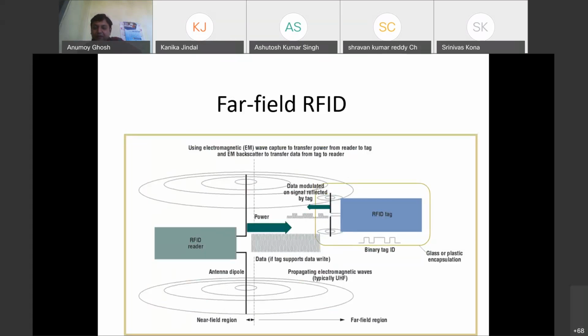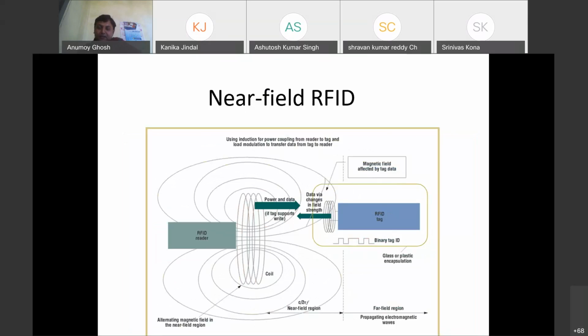But in the far field, the radiation from the reader is reflected by the tag, and that reflected wave is again read by the reader to retrieve the data from the RFID tag. So in the far field, it is a backscattering phenomenon, and in the near field, it is a Faraday's law of induction phenomenon.